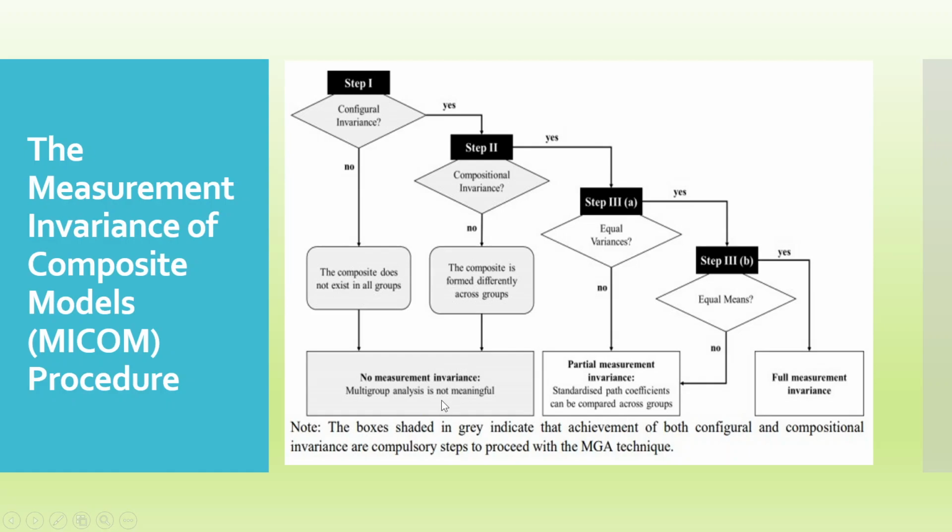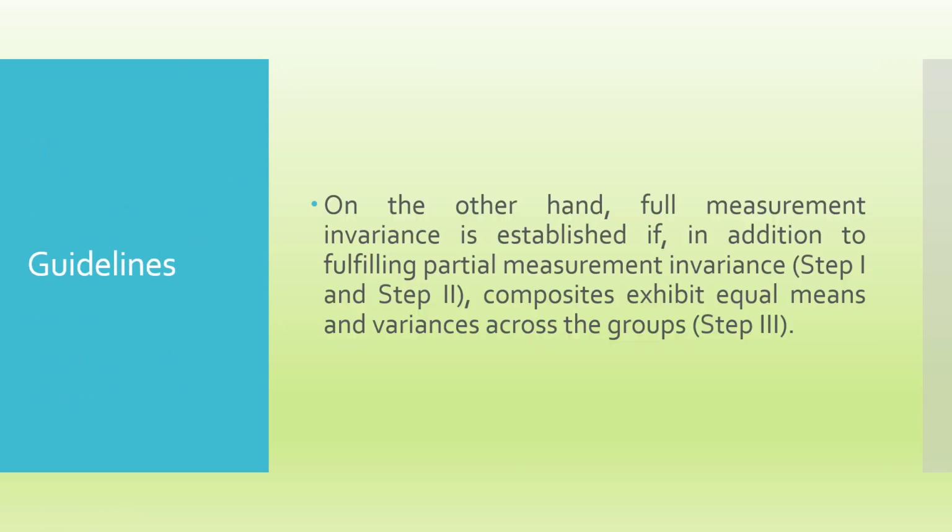No point in running the multi-group analysis. But if you achieve compositional invariance, go to step 3. Are variances equal? Yes. Then go to step 3B. Are means equal? Yes. Then full measurement invariance is achieved. If any one of them is no, then we will be running the partial measurement invariance.